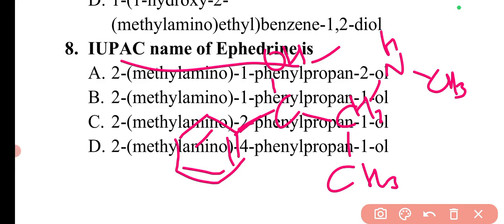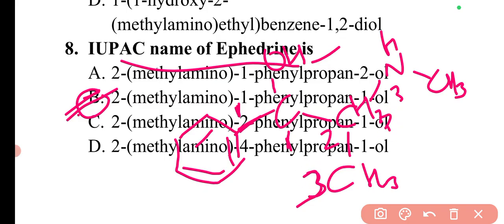Here you will find at this position, this is the first position. At the first position, it is basically 2-methylamino-1-phenylpropan-1-ol. So this will be the first position, 1, 2, and 3 is this carbon atom.